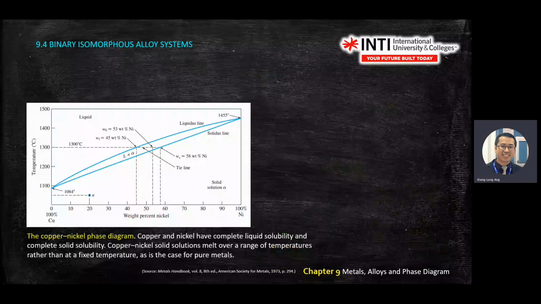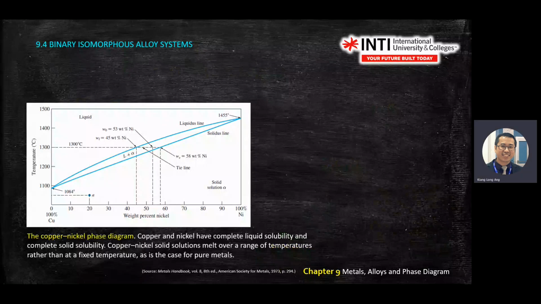If it falls on the left-hand side, we are looking at 100% copper, which means 0% nickel. Reading on the right-hand side, 100% nickel, and this one 100% copper.